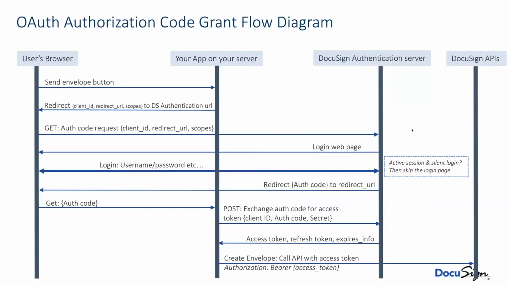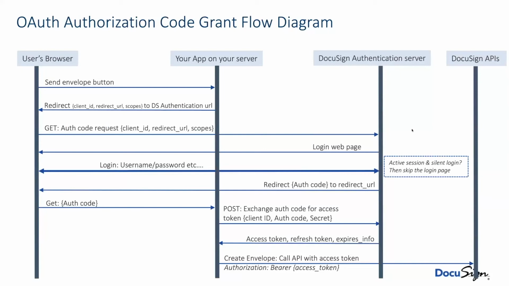So let's now dive a little deeper into exactly how the OAuth authorization code grant flow works. Many people have asked me about this because a lot of times it's not really spelled out, but here I want to show you every detail, and you can follow along.